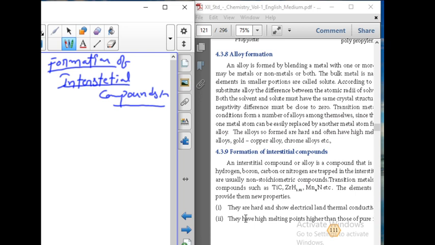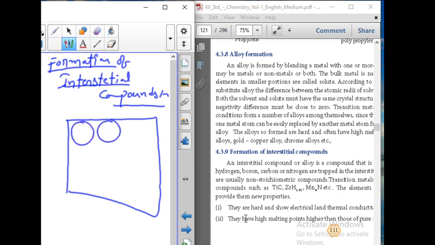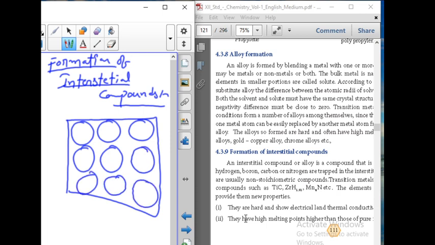First of all, how are interstitial compounds formed? Interstitial compounds mean metals having a particular regular geometry, a perfect solid. These are the metal atoms. The gap between the metal atoms is called an interstitial site.